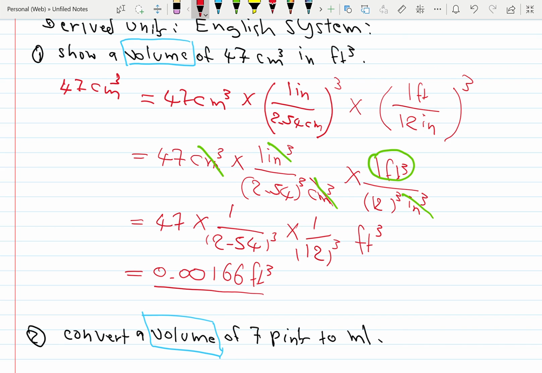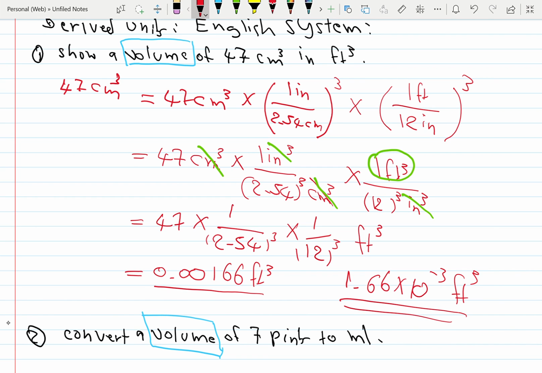If we want to put it in standard form, we move the point from the right to the left, and the amount that we move it, we have to put it in power of 10, so that will be 1.66 times 10 to the power minus 3 foot cubed. Why is it minus 3?